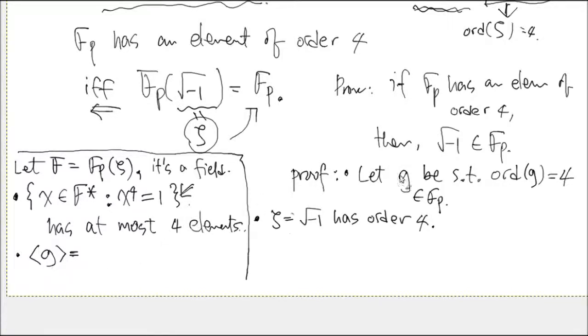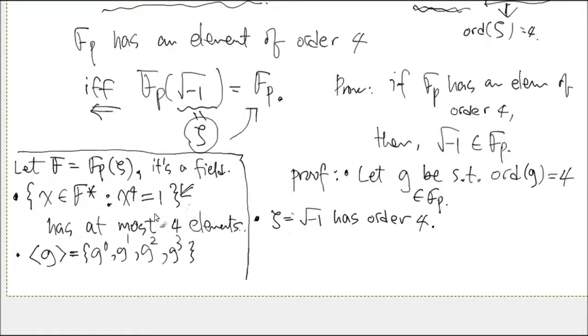G was assumed to have order 4, so we have G to the 0, G to the 1, G squared, G cubed, and the 4th power going back to 1, right? So this is already 4 elements. Why is there no repeat? If there's a repeat, the order of G would be smaller. The order of G means this really has 4 elements, right?